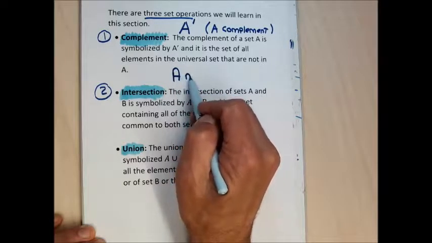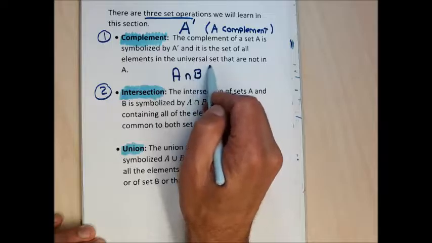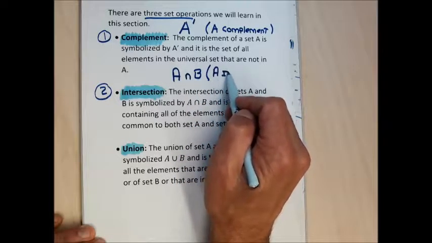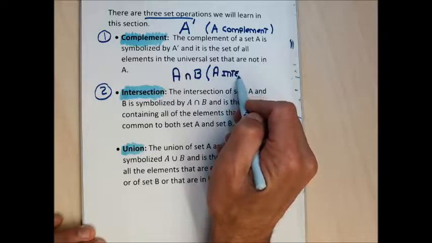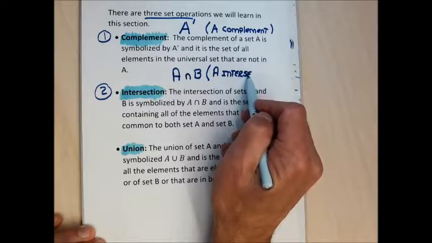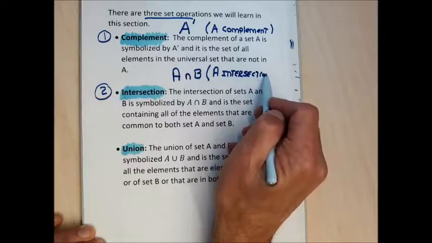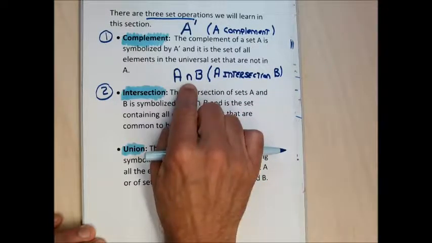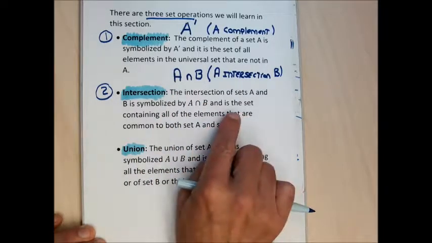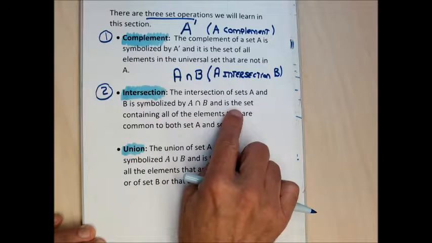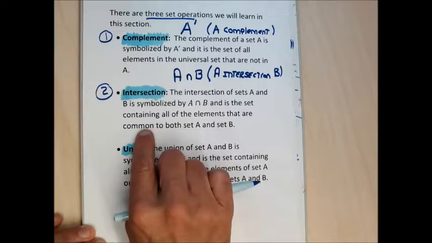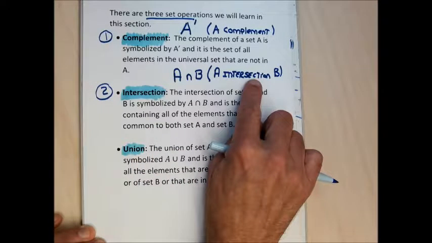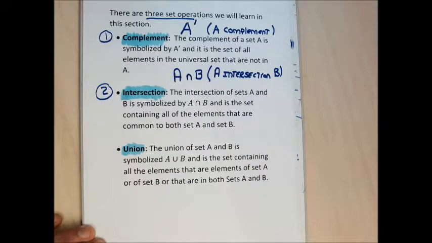So this right here, I would read this as set A intersection set B. So I read this as A intersection B. So the upside down U is intersection, and A intersection B is a set containing all the elements that are in common to both sets A and B. So an intersection of 2 sets is just what the sets have in common.